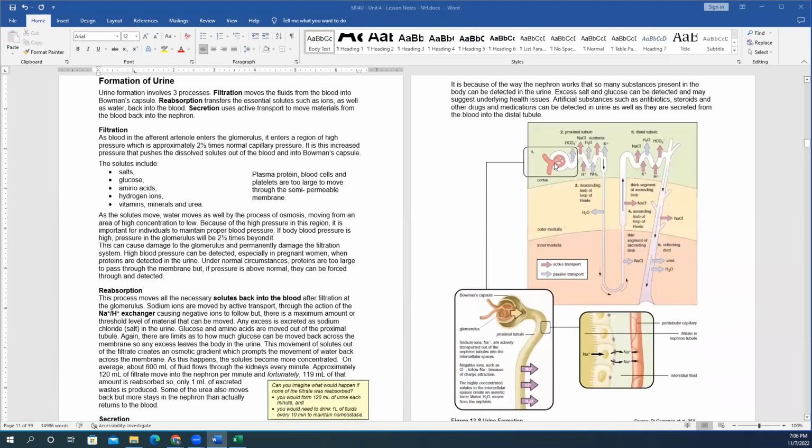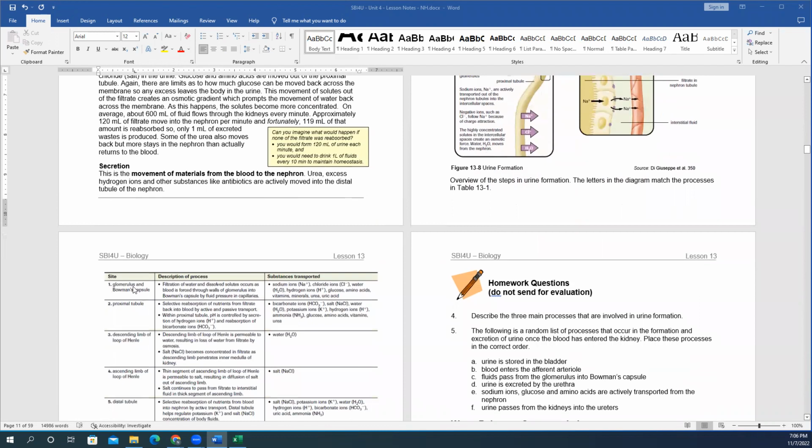So for example, during 1, this represents the glomerulus, and this represents the Bowman's capsule here. So if you look at 1, the site is the glomerulus and the Bowman's capsule. And what's happening there, the description of the process, is the filtration of water and the dissolved solutes in the blood as it gets forced through the walls of the glomerulus under high pressure into the Bowman's capsule.